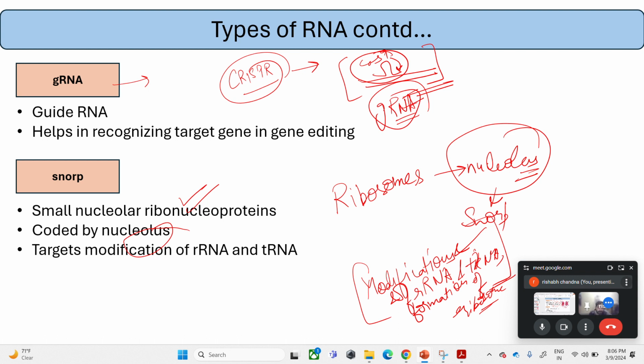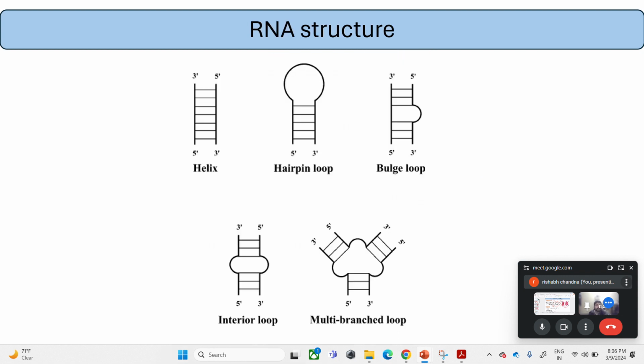Okay, now moving on. So RNA, as we know, like DNA has a double helical structure, like this, it folds upon itself. So this is a helical structure.